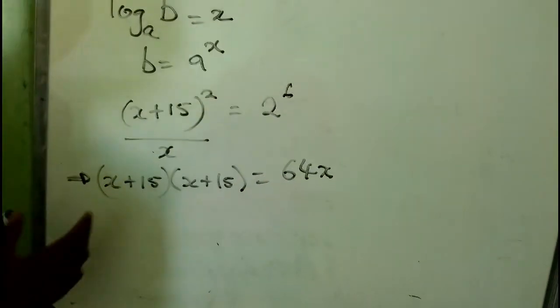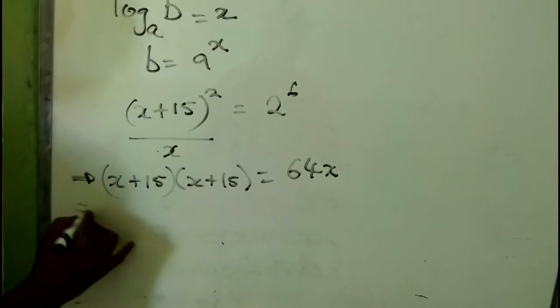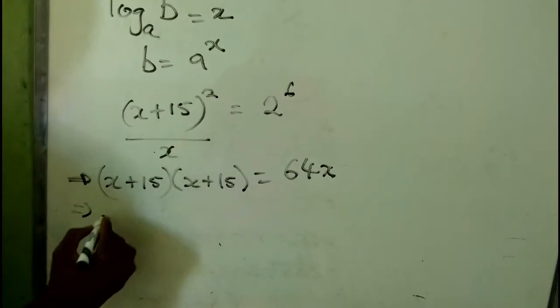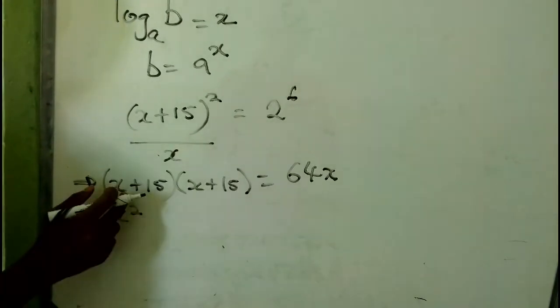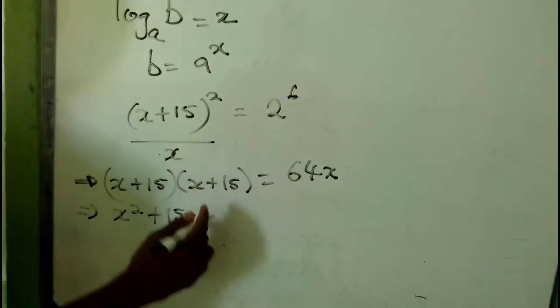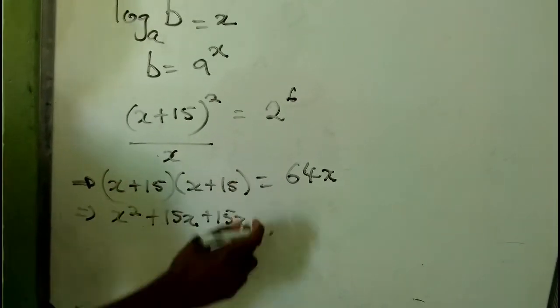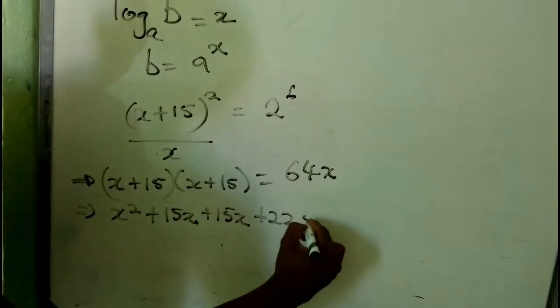When we expand the first bracket multiplied by the second bracket, we get x multiplied by x, which is x squared. Then x multiplied by 15, which is plus 15x. Again, we get another plus 15x. Then 15 by 15 is equal to 225.